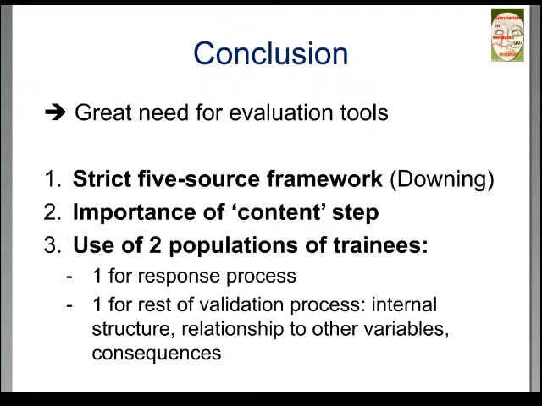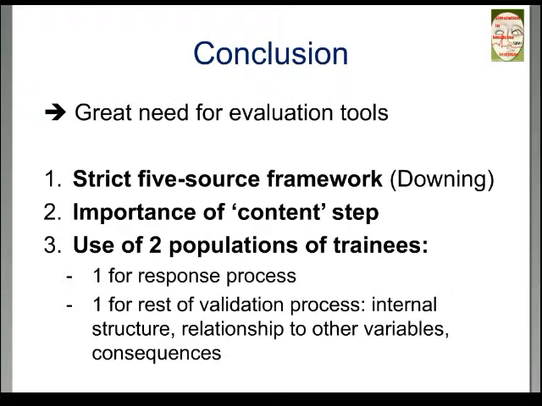In conclusion, there is a great need for evaluation tools in simulation-based training and therefore a great deal of room for research in development of validated new tools. To do so, it is mandatory to remember that one should follow the 5-step framework from Downing, paying particular attention to the content step, from which everything else is derived.